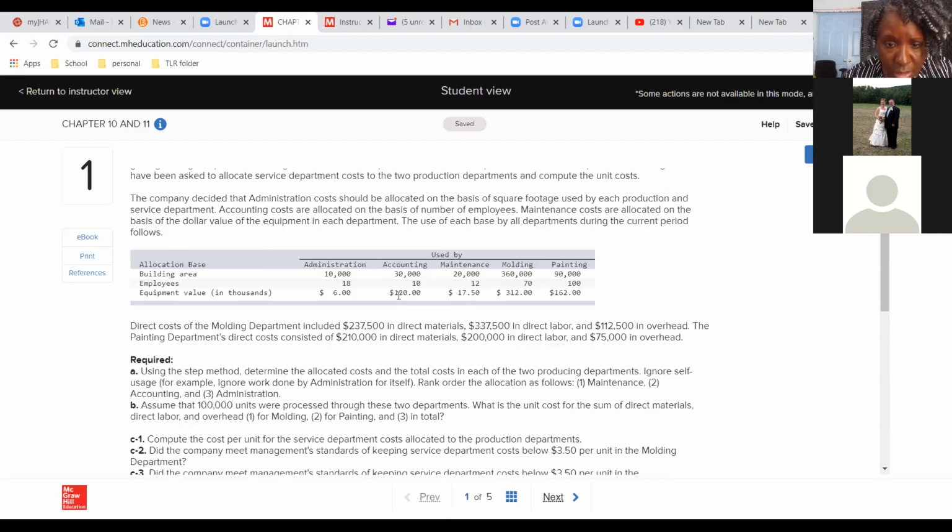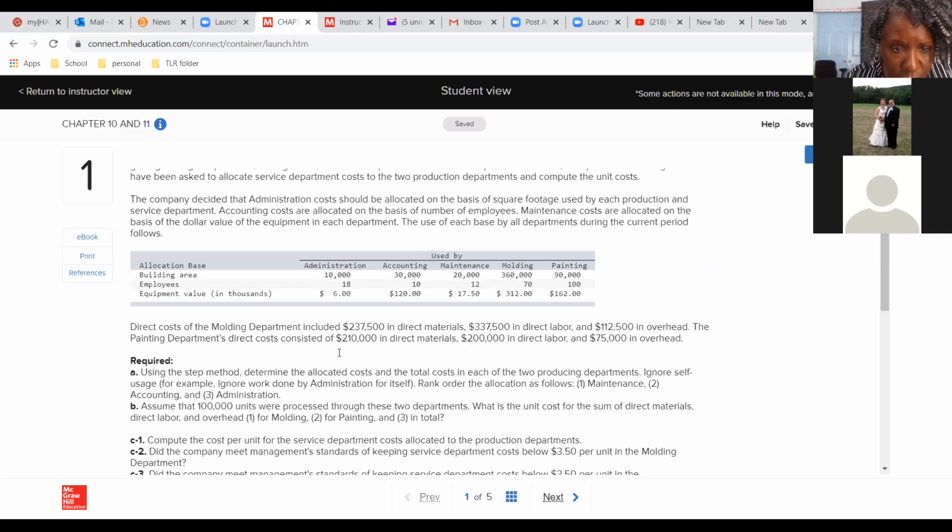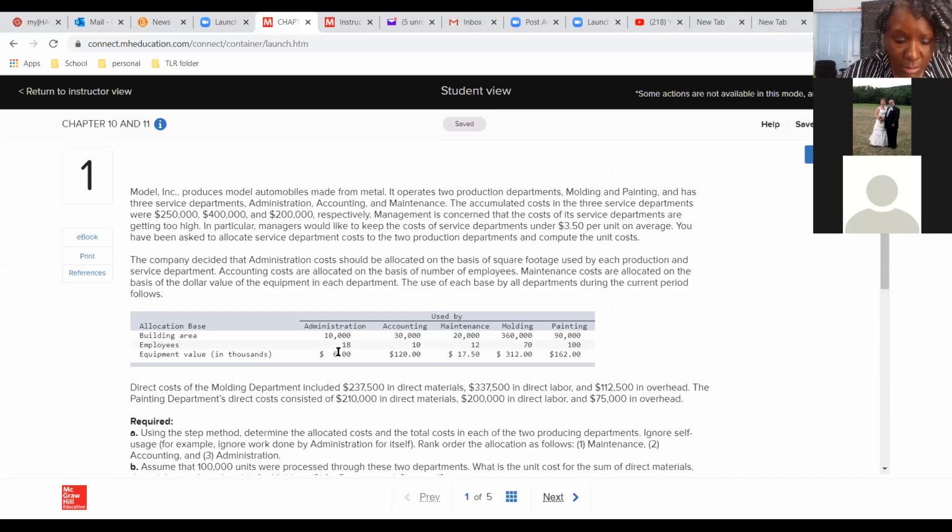Make sure I'm taking my 120 and I'm dividing it. I'm missing a piece here.